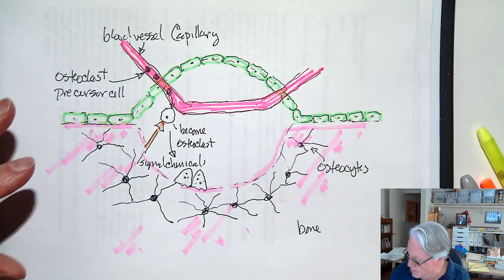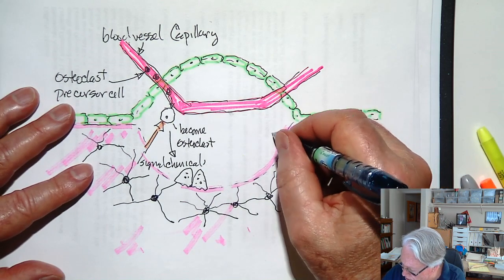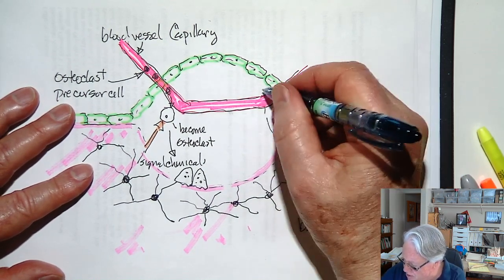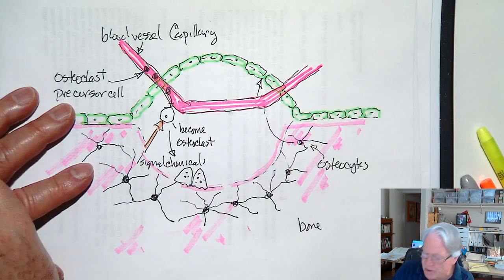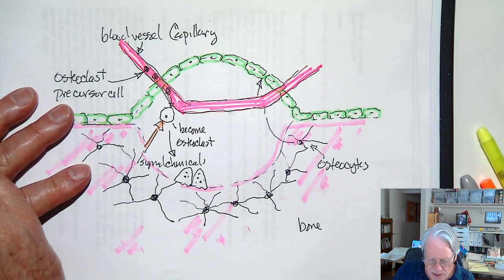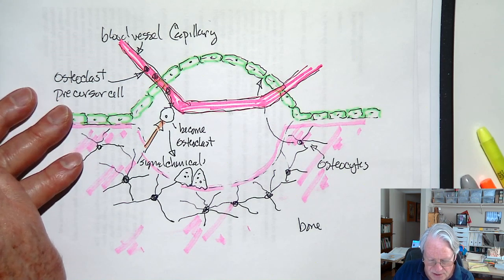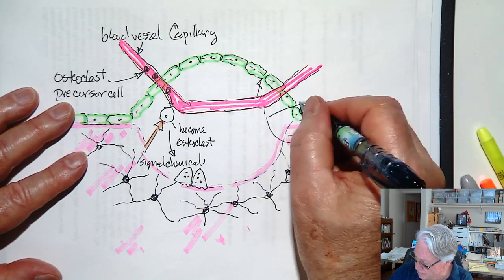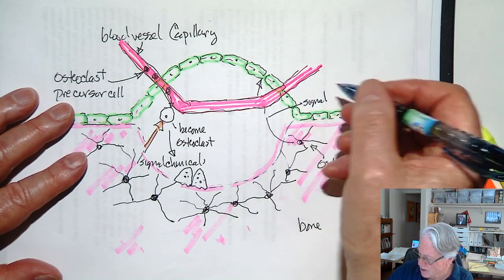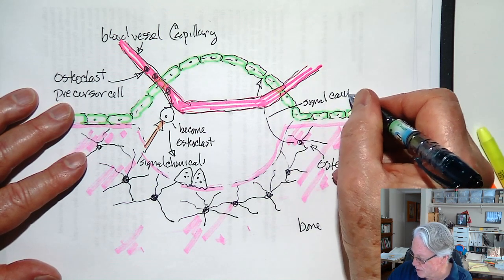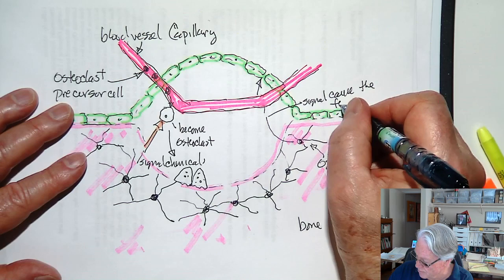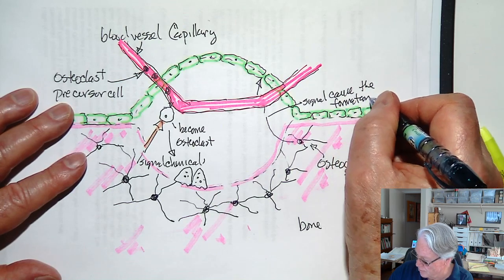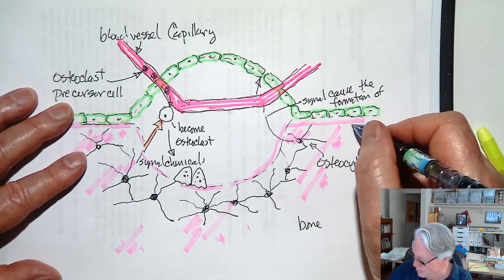At the same time, these same cells are also delivering another message, and this message is being sent to these lining cells, and that message is going to cause the osteoblast precursor cell to become an osteoblast. So another signal. And this is going to cause the formation of osteoblasts.